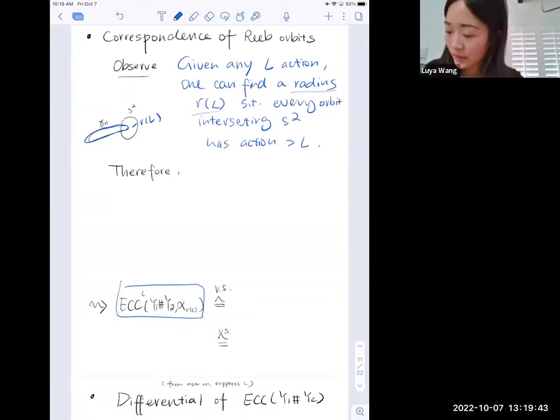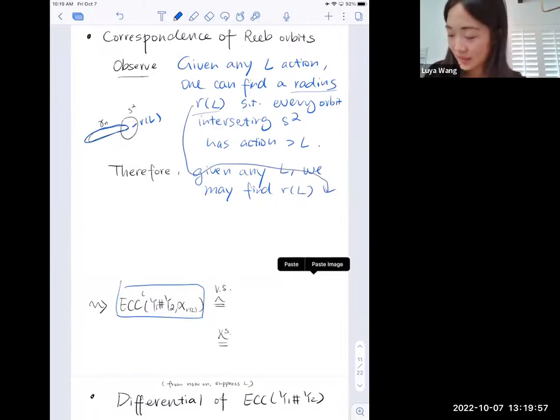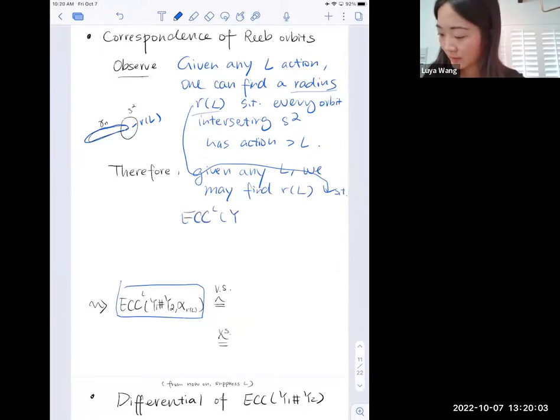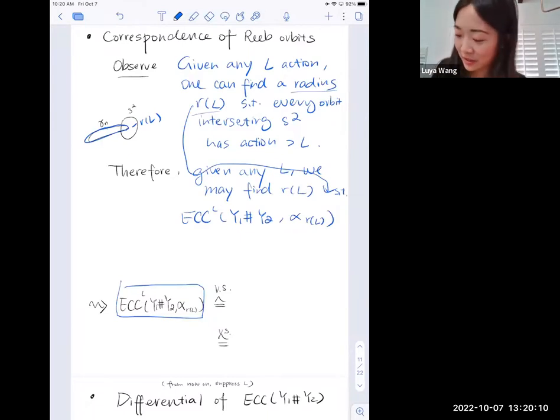Therefore, given any L, we may find R_L as above, such that the filtered ECH complex of L does not contain orbits crossing S2, except of course the small hyperbolic orbit h lying inside S2. So you're just throwing away all the orbits with action larger than L, which is throwing away all the orbits that pass through this S2 region.